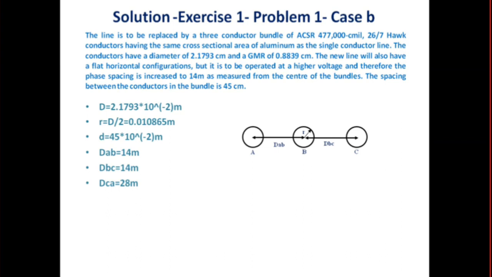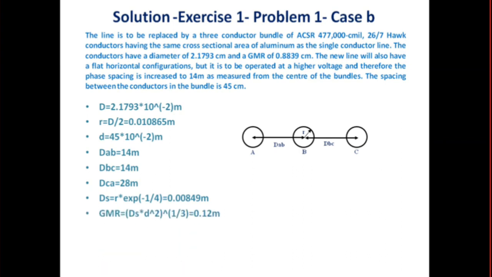Next, we have to determine the GMR. First, I am finding the value for Ds. The Ds expression is R into exponential of minus 1 by 4. The R value you have determined is 0.010865. You substitute it, by which you get the value for Ds as 0.00849 meters. Next you have to find the GMR.